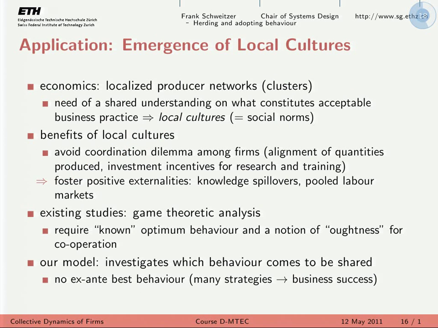Okay, so this slide gives us a bit of a motivation. I can be very fast about this. So, what do we mean by this local culture? Local culture means that we somehow follow a social norm in our business practice. There are, of course, legal contracts and written norms and rules, but there are also non-written rules.